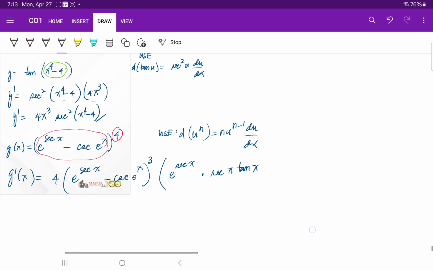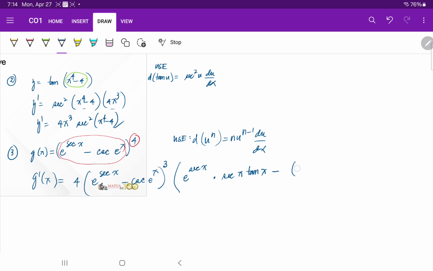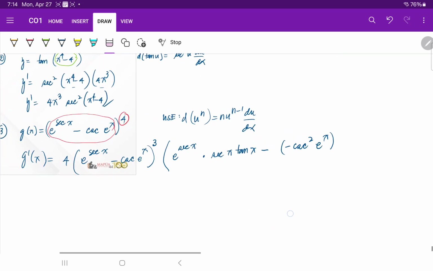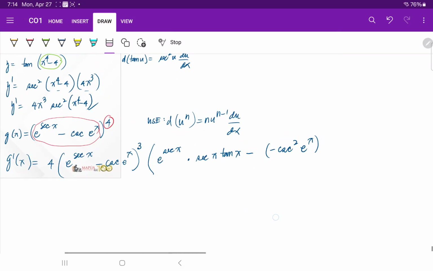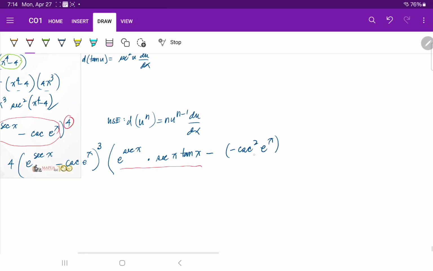Minus the derivative of cosecant, which is negative cosecant square of e to the x. Again, we have the derivative of e to the secant x is this one, times the derivative of cosecant e to the x, which is cosecant square e to the x. Hold on, let's change this.